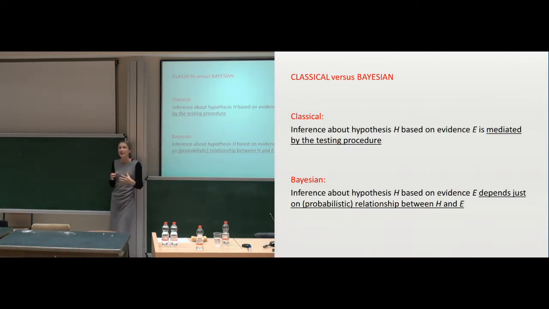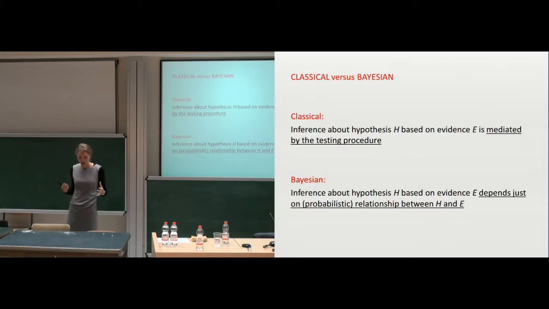For the Bayesian, inference about H based on E depends just on the probabilistic relationship between H and E. It's only this particular outcome, E and H, that matters. Another way of putting it is, for the Bayesian, you only care about what relationship you posit in your probabilistic model between H and E. It only matters your confidence in H upon finding E. All that matters is E and H. For the classical statistician, how you found E is also important.